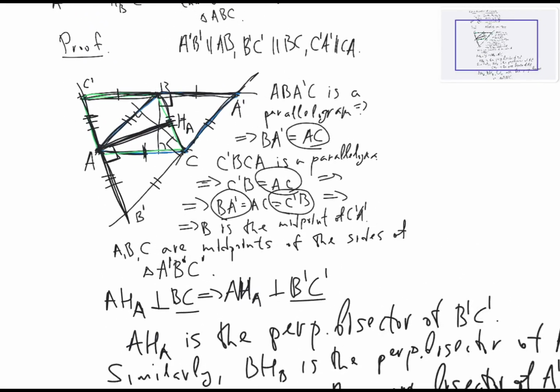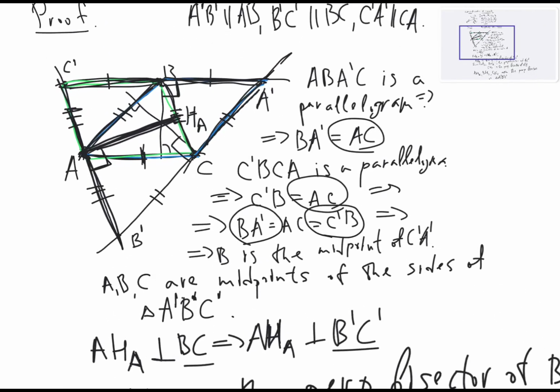In this large triangle, the lines AHA, BHB, and CHC are perpendicular bisectors.